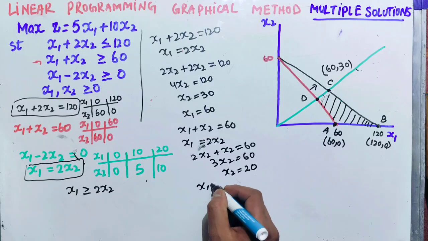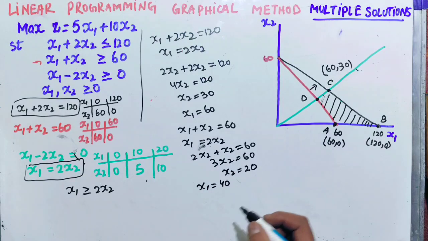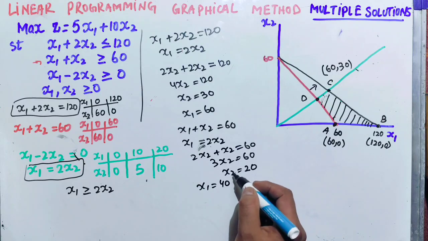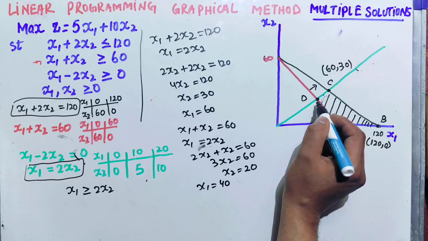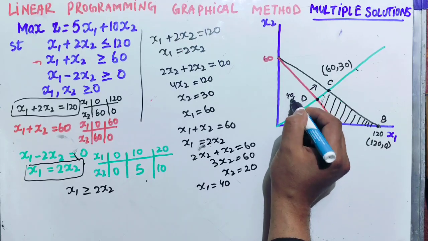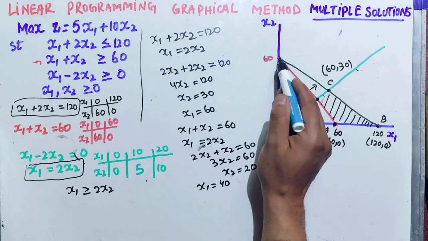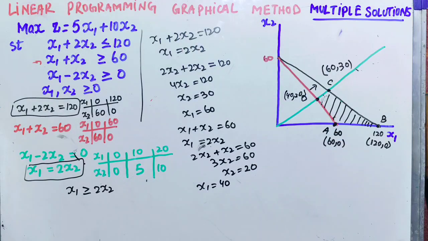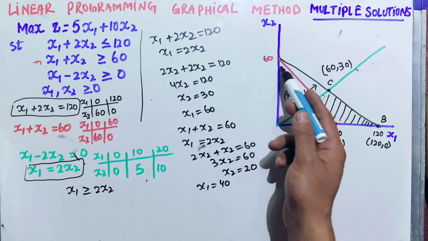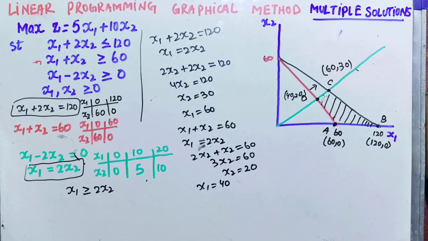That means x1 will be equal to 2 into 20, which is 40. So the coordinates are 40, 20. This point doesn't represent our feasible point because it is outside the feasible region. Okay, so we have these 4 points which are our feasible points here.